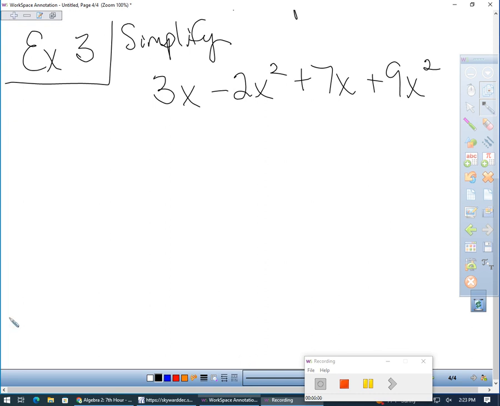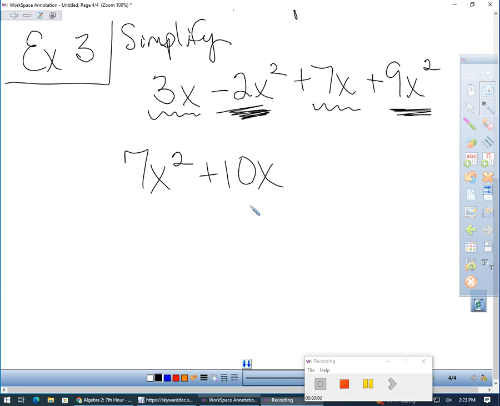So we want to start with our highest exponent first, right? I have this negative 2x squared and 9x squared. How many x squareds do I have? 7x squared. Remember, you're simply adding the coefficients together, right? Then I have 3x and I have 7x. So I have a total of 10x.